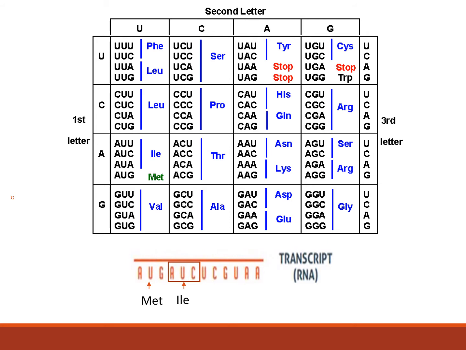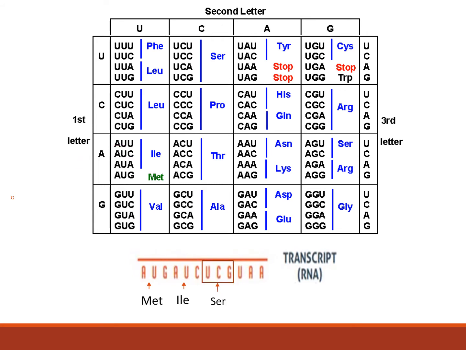So if we use our codon chart, we see that we're going to be in this 3rd row here. We're going to be in the 1st column, but this time we're right here. And so AUC stands for, or it means, isoleucine in amino acid language. So for our protein so far, we would have methionine peptide bonded to isoleucine.